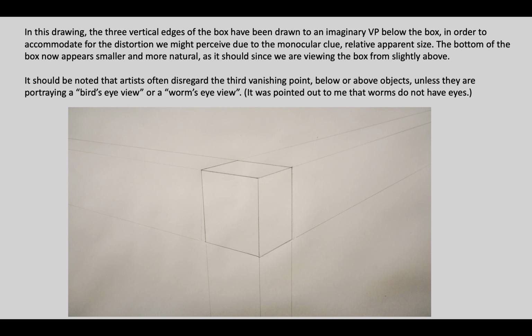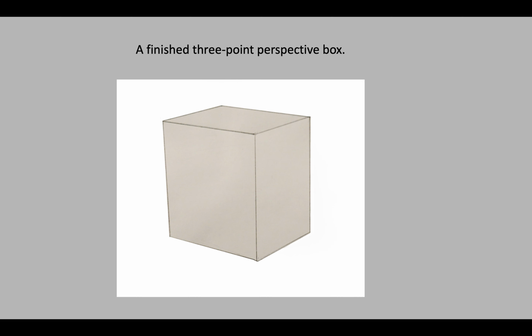So I just guessed. I fudged, and made up a vanishing point and made it feel right. Made it so it looks decent. So here's the finished 3-point perspective box. Not bad. A couple of things are bothering me about it, but we're going to move on.